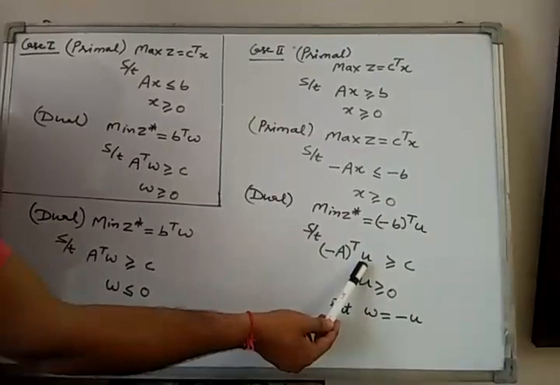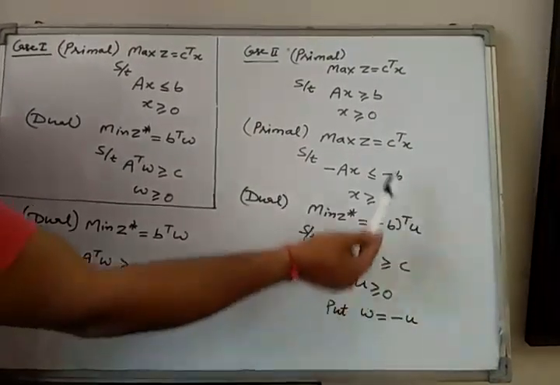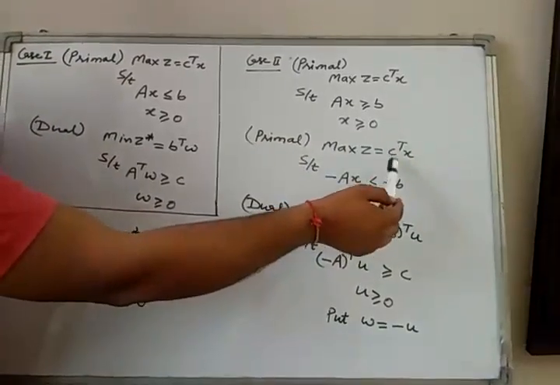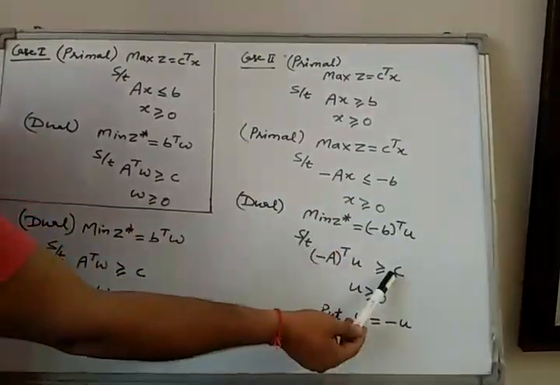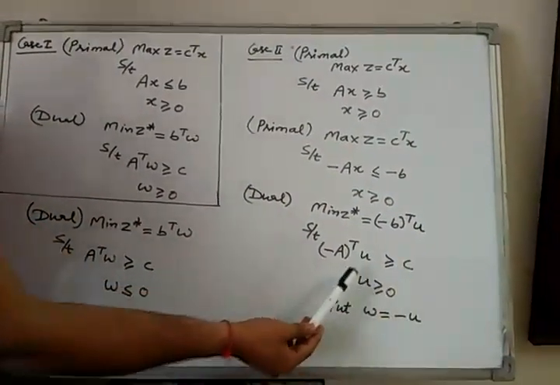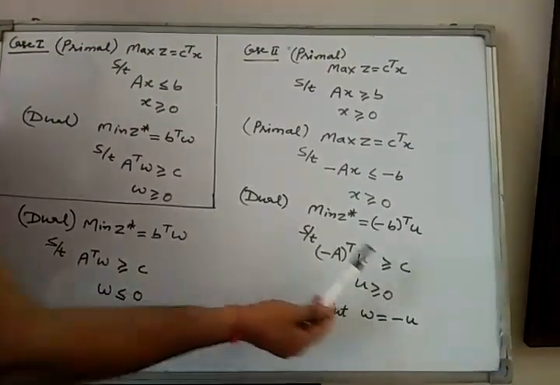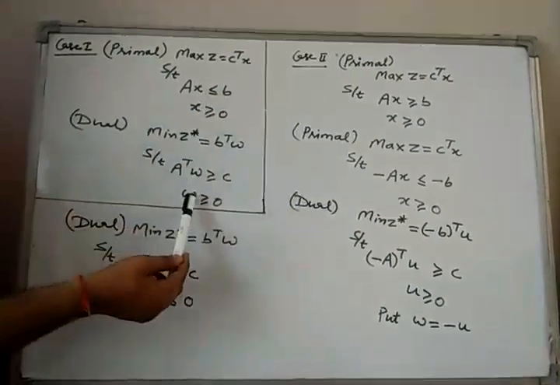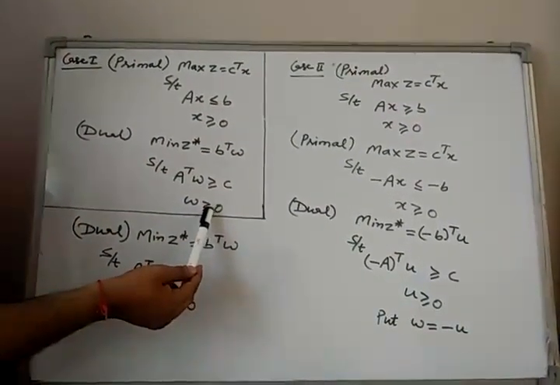U is our dual variable greater than equal to 0. Here c is the cost coefficient in primal problem and it becomes right hand side in dual problem. Inequality signs are same: as all constraints are less than equal to type, therefore dual variables are greater than equal to 0.